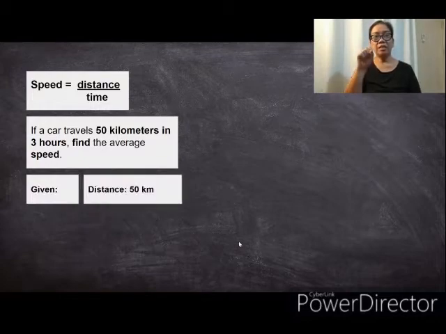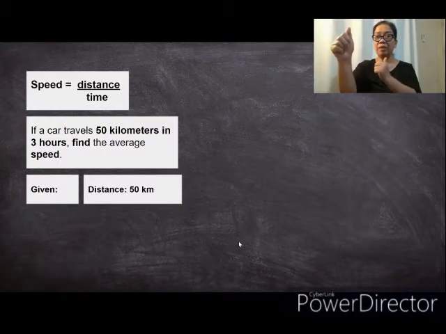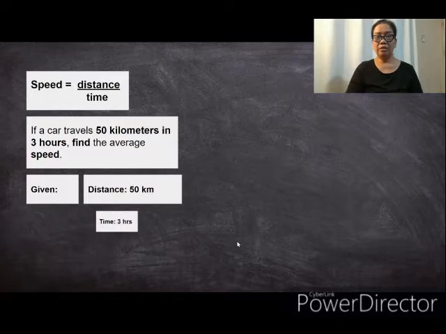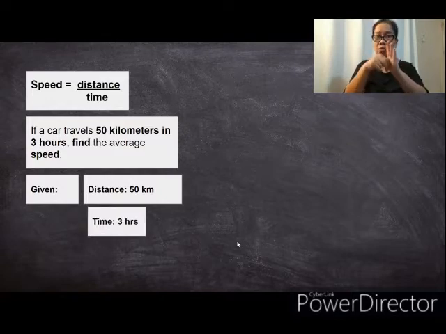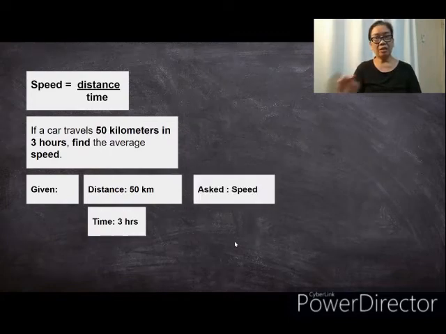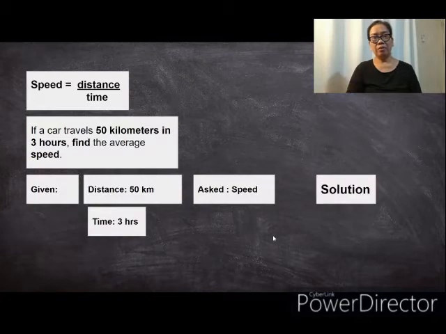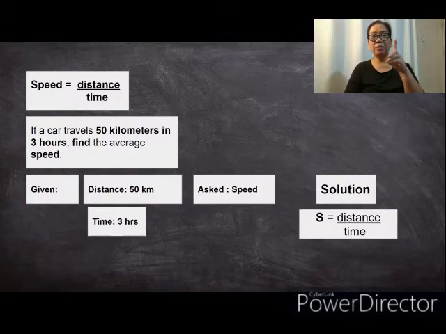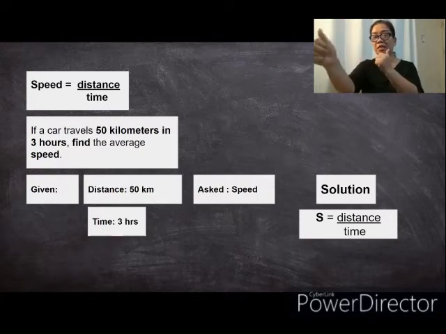Here, distance is given, which is 50 kilometers. And the time is 3 hours. Now, what is asked? It is asked that we find the speed. To find the speed, we have to how? Divide distance, distance divided by time.